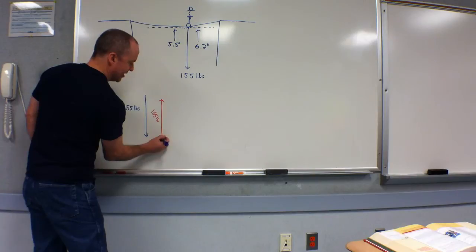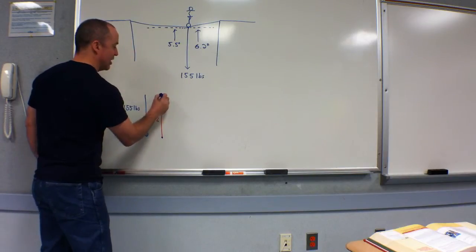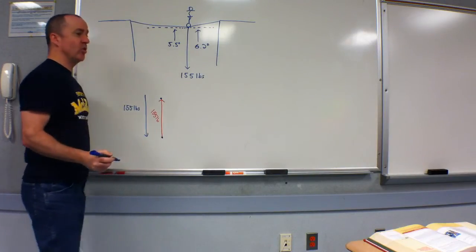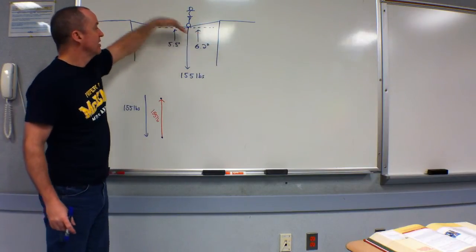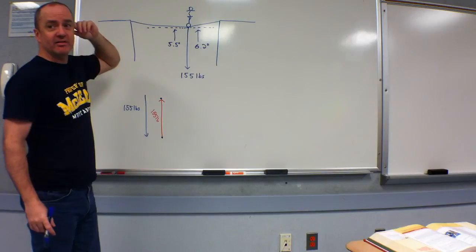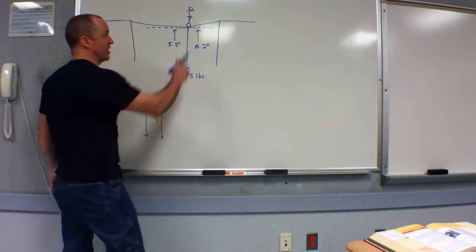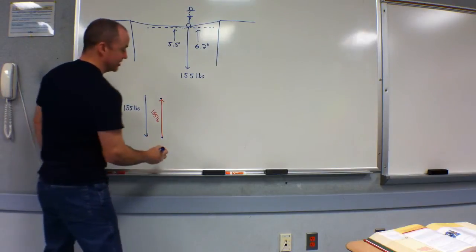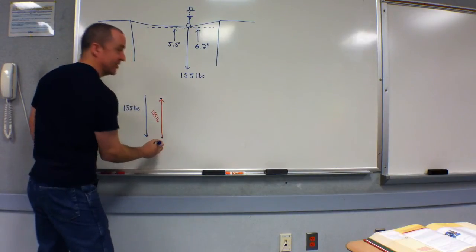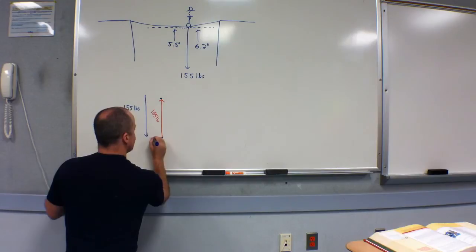You start here, and you have to wind up here, and you're only allowed to travel at a 6.2 degree angle or a 5.5 degree angle. And the 6.2 degree angle has to go in that direction. So this will not be to scale. I'll try to draw to scale, and that'll be kind of funny. So here's my horizontal.